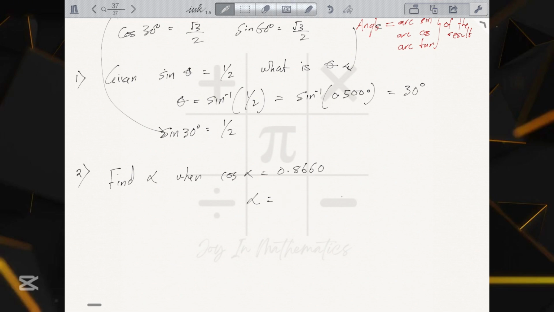Remember this time we are dealing with cosine, so it will be arc cos, that's cos inverse of 0.8660, and doing this we will have it to give us 30 degrees also. So we are saying that cos 30 degrees is equals to 0.8660. Converting this to surd, we have root 3 over 2, and this we have here.